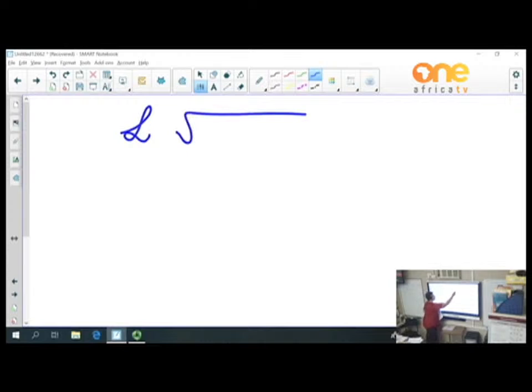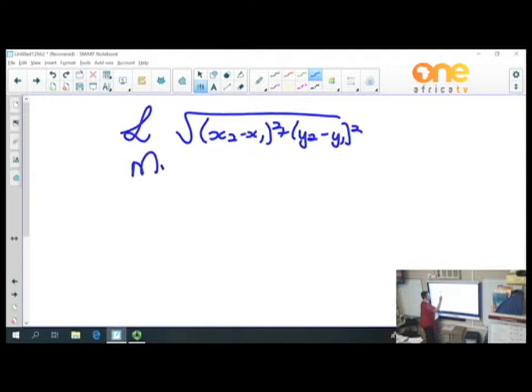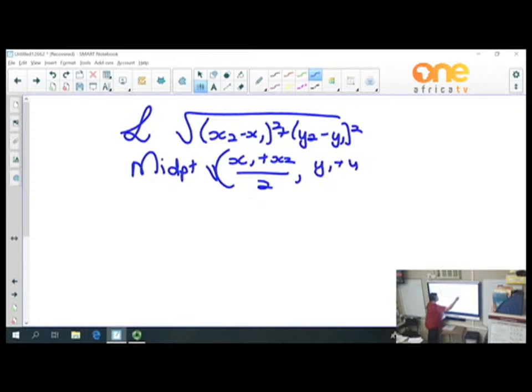The length, which is the square root of (x2 minus x1) squared plus (y2 minus y1) squared. The second one was the midpoint formula, and this is coordinates, so it's x1 plus x2 and then y1 plus y2, over 2.